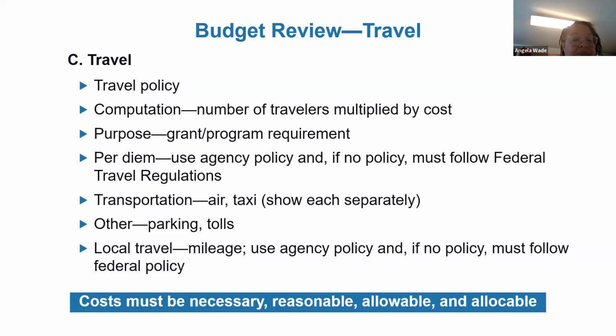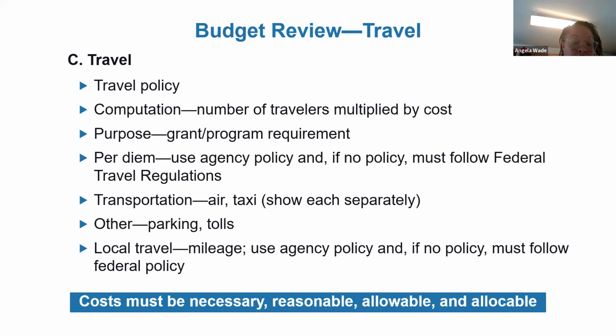Again, whether you're following your organization's policy or the federal government's policy. Then each line item of travel, you want to list out separately. You want to show a separate line item for your transportation, such as airfare or train travel, bus, taxi. You want to list out a line item for your lodging. Your lodging should include your lodging rate as well as any lodging taxes or fees. You want to list a line item out for your per diem, that is your meals that are being paid for with travel.